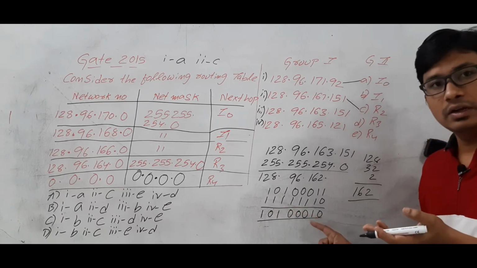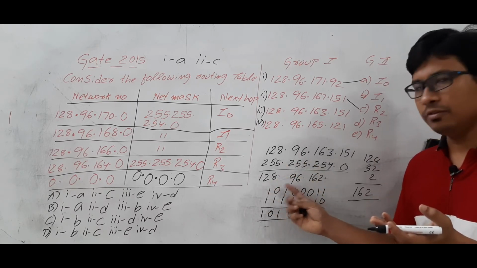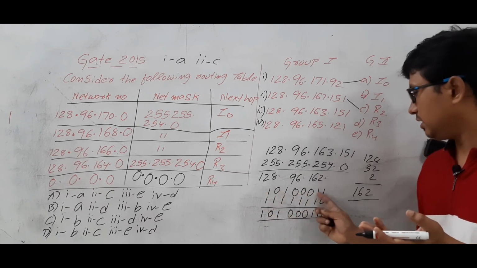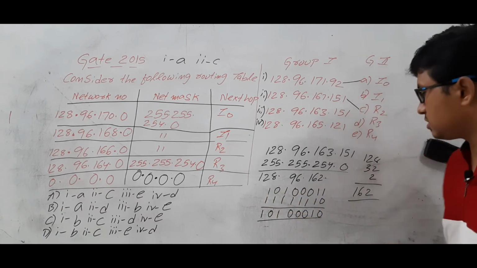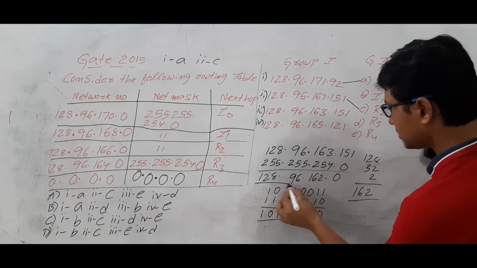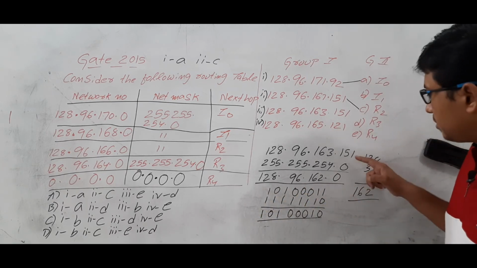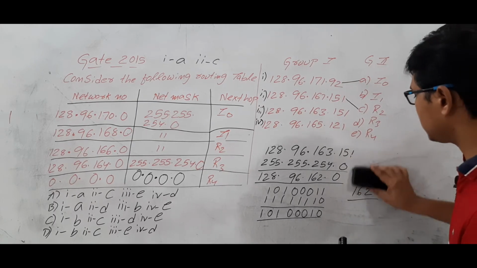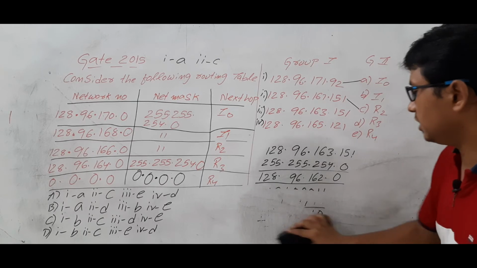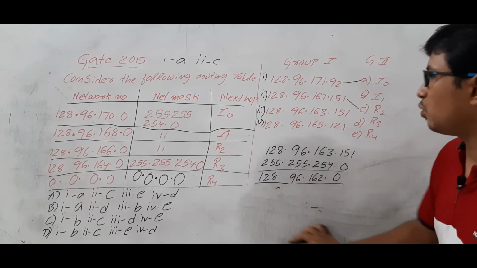So whatever number is on this side, like 151, if you perform bitwise AND with the zeros, obviously you will get 0. So let me write it directly as 0 instead of converting this number into binary and then performing bitwise AND. Obviously if you do it like this also, you will get 0 only. So which is matching with what?